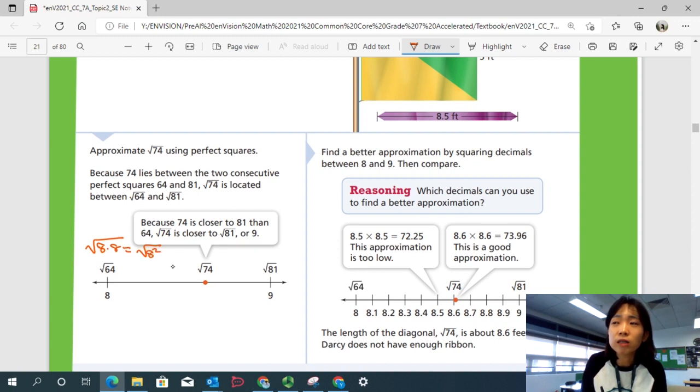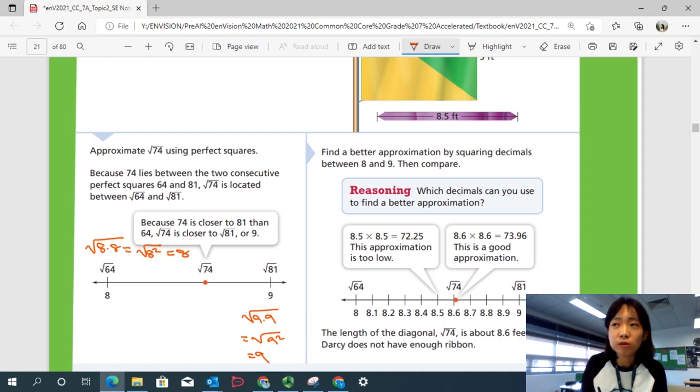So 8 squared is 64, and the square and the square root cancel each other out. So that means it's an 8, okay? Same thing for 81. 81 could be written as 9 times 9, which is 9 squared. And squares and square roots are opposites, so they cancel each other out, which means you just have the whole number 9.